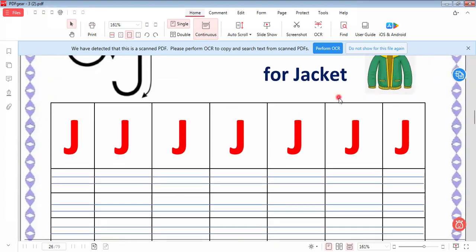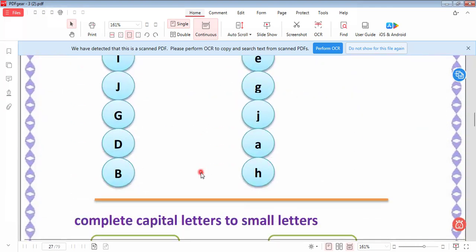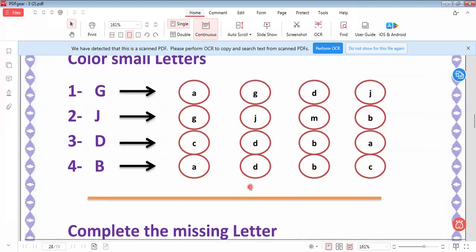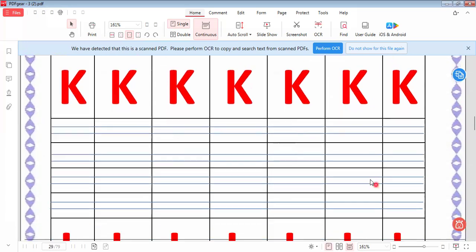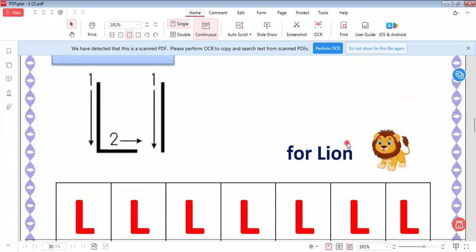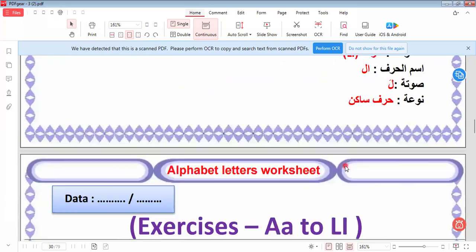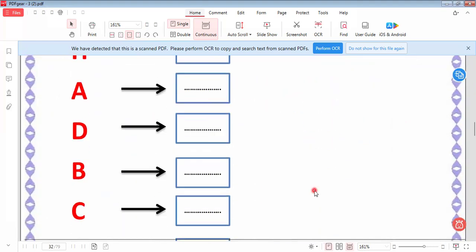Capital K and small K, K for key. Capital L and small L, L for line. Capital M and small M, M for monkey. M for what? M for monkey.